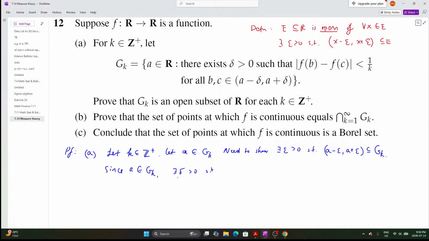This delta is now treated as a constant. There exists delta such that the absolute value of f(b) minus f(c) is less than 1 over k for all b, c in (a minus delta, a plus delta).